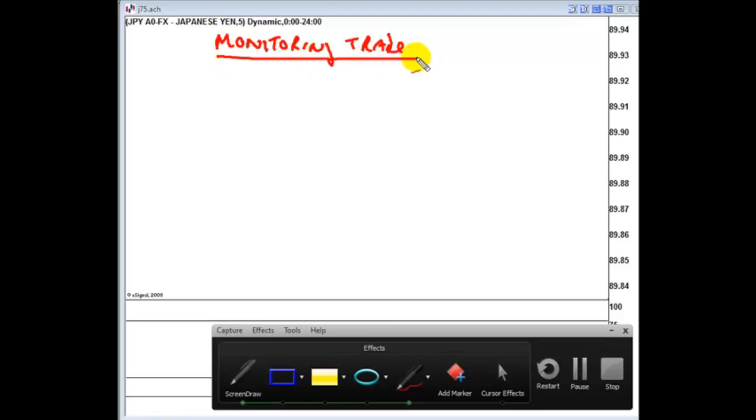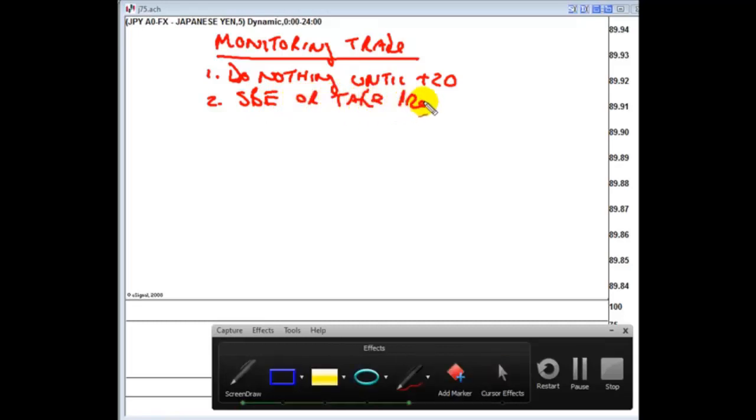The key things to look out for: number one, do nothing until plus 20. Then you can go SBE, stops to break even, to remove the risk, or you can take profit if you're looking for a quick profit.